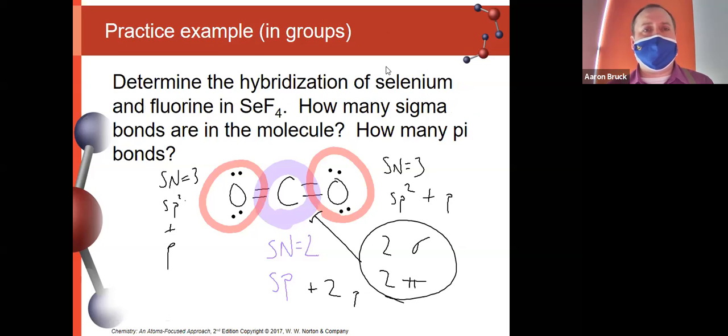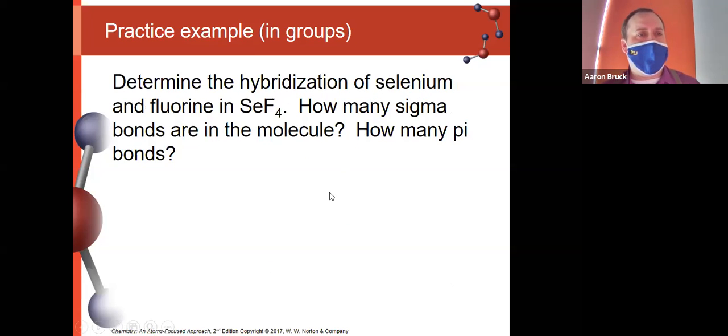All right, let's do an example here. I've got selenium tetrafluoride. This is one that we've drawn now. This would be the third time.